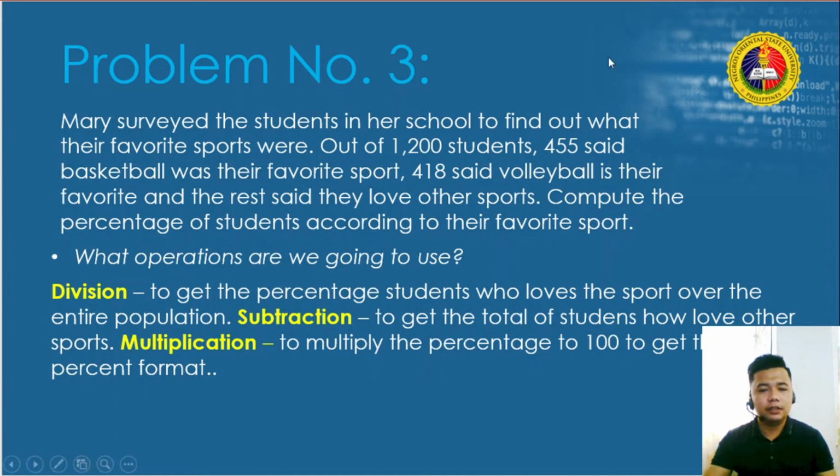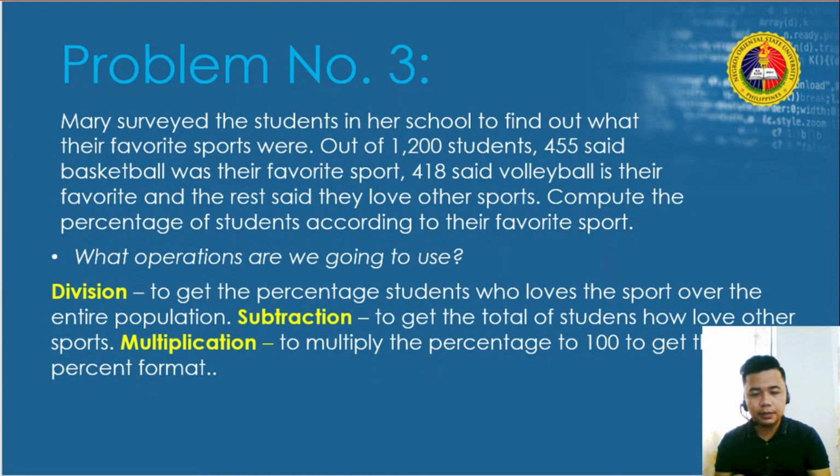Okay, so if you can see, we all know that there is 455 students who loves basketball, there are 418 students who love volleyball, but we don't know the number of students who loves other sport. Are we going to subtract 455 and 418 from 1,200 to get the rest, right? If you can remember in our previous example, in computing percentage, we have to use decimal points, right? However, we don't want a decimal output.